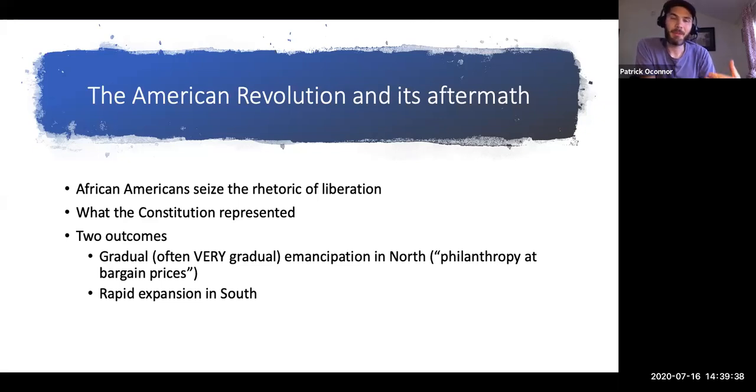And it's really essential to consider that that emancipationist episode wasn't merely caused by one very elite British figure signing a document, right? Instead, Dunmore was pushed into that decision by enslaved people themselves. And that's a theme we're going to come back to a lot for the next few weeks.